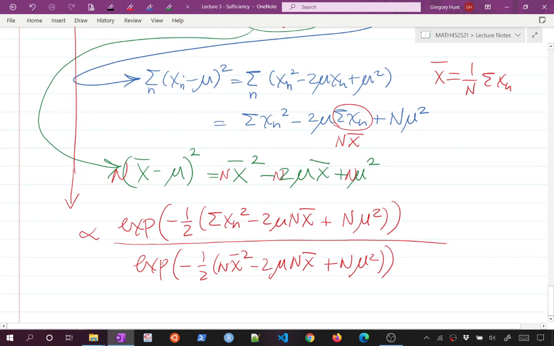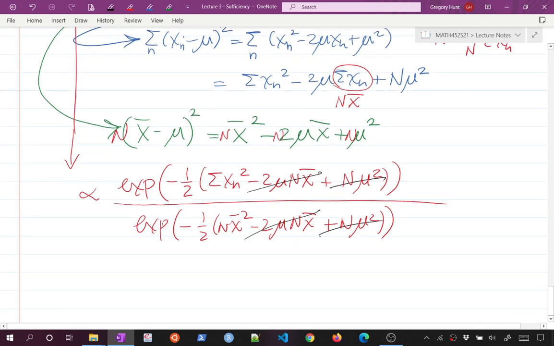Now that looks nice, because n mu squared cancels with n mu squared, and there ain't no more mu's left. So this quantity doesn't depend on mu.